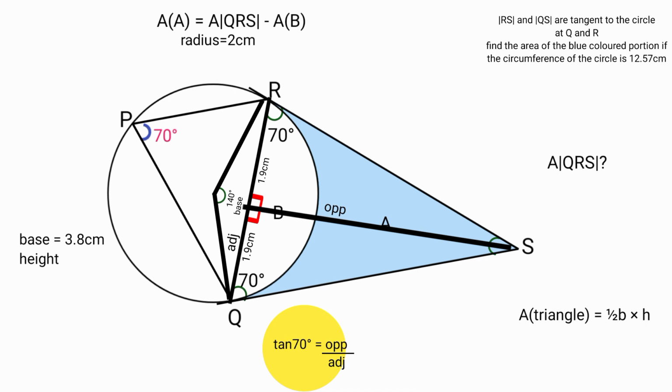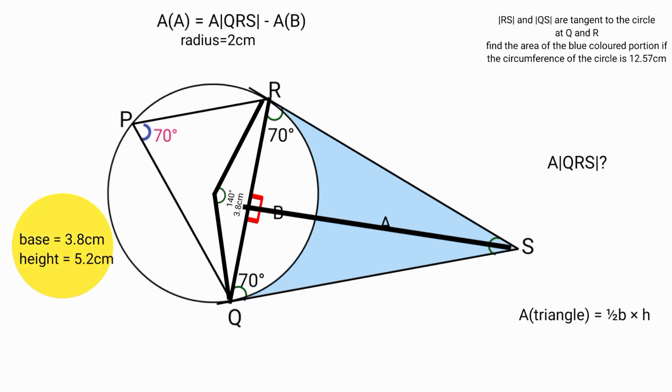Theta is 70 degrees, adjacent is 1.9 centimeters, and opposite is the height. So tan 70 degrees equal to height over 1.9. Now making h the subject, h equal to tan 70 degrees times 1.9, which if you press your calculator equal to 5.2. So height equal to 5.2.